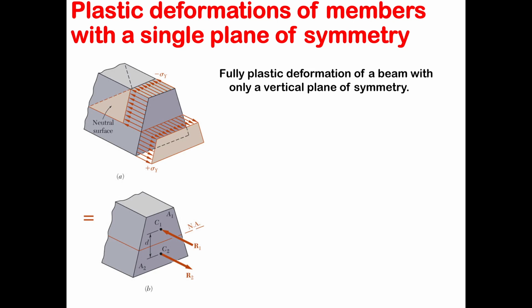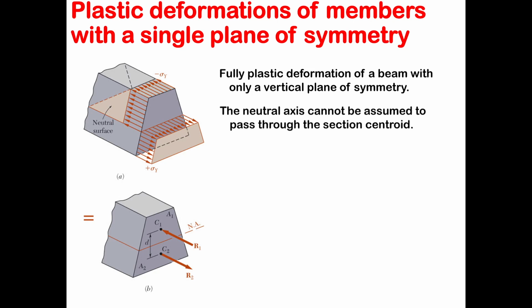It is very important to make sure that you understand that the fully plastic deformation happens at a very later stage. When you apply a very high load essentially, and you are in the fully plastic region, the neutral axis cannot be assumed to pass through the section's centroid anymore, right?